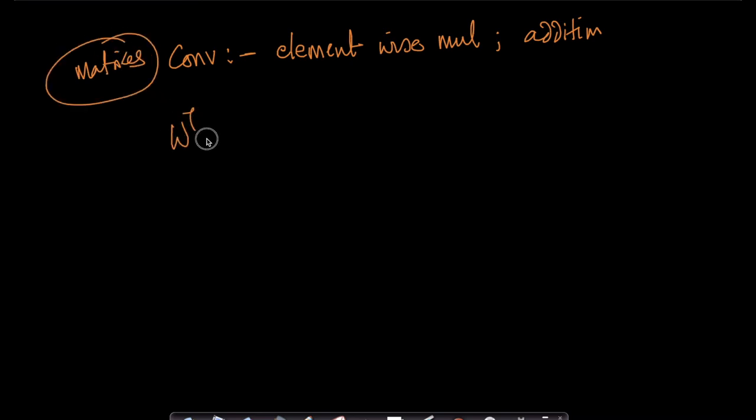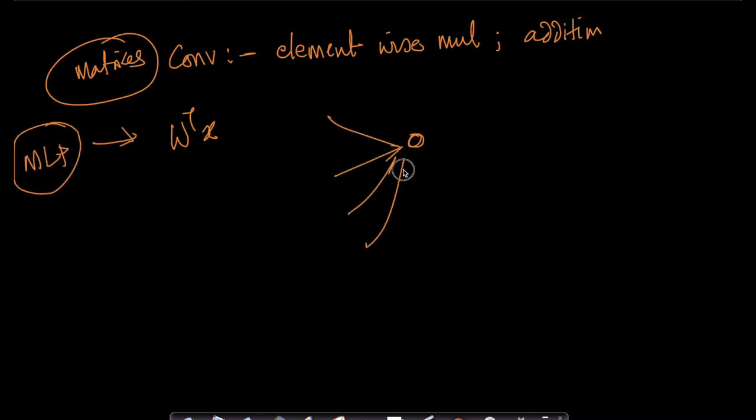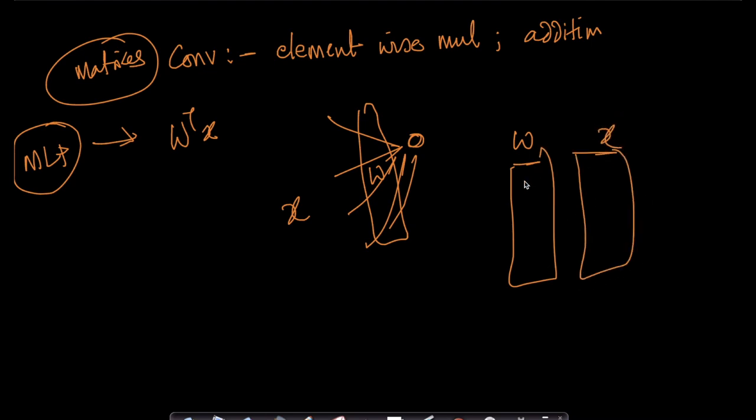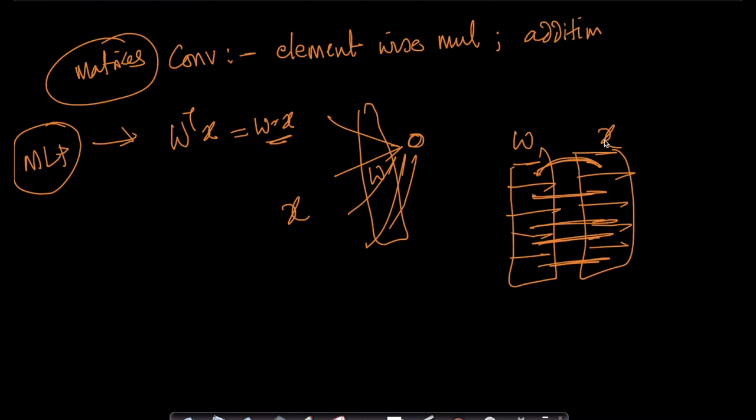When you compute W transpose X, suppose you have a neuron in MLPs, a simple neuron, let's say a ReLU neuron, you have X here and you have a bunch of weights here. What are you doing? You take each of the elements of W and X, you perform an element-wise product. This is nothing but the dot product between W and X, right? What does dot product mean? It means element-wise multiplication. You multiply corresponding elements, and then you sum.